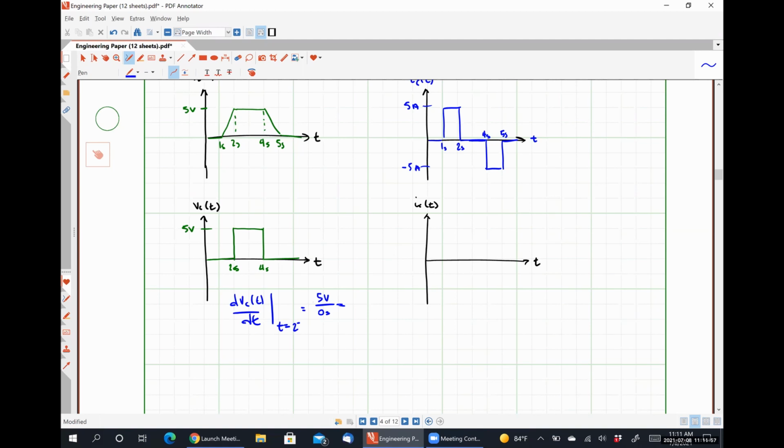I would argue that it's infinitely large. Right. So what if we said that it took 0.000000001 seconds or something like that to change?